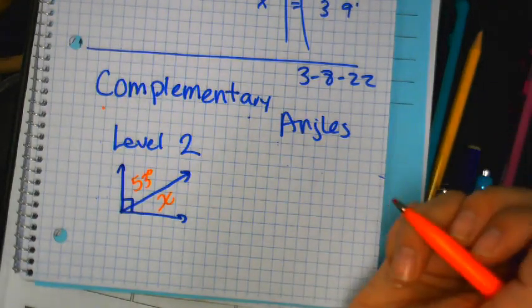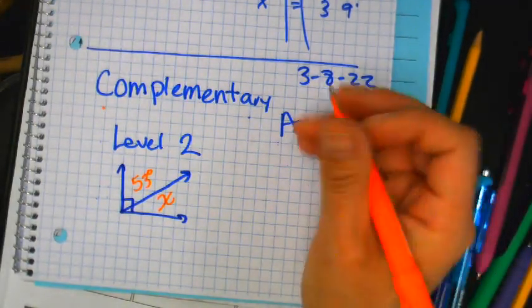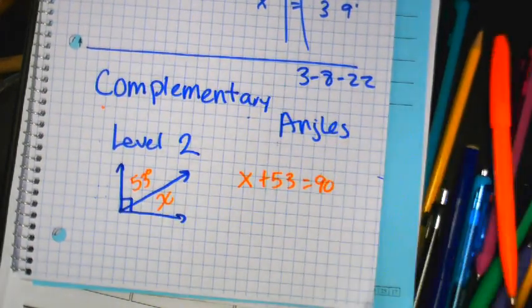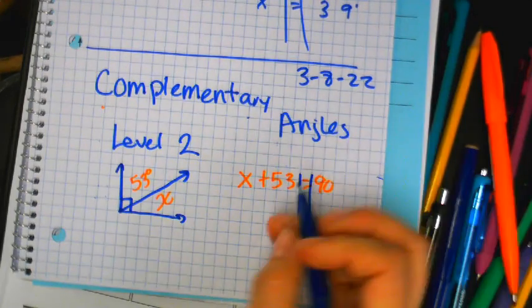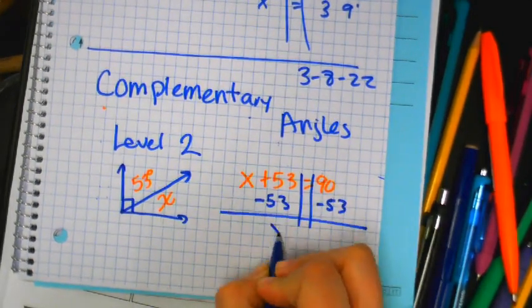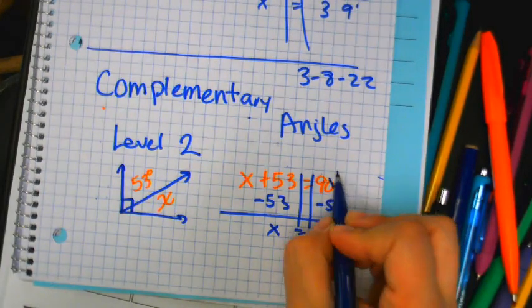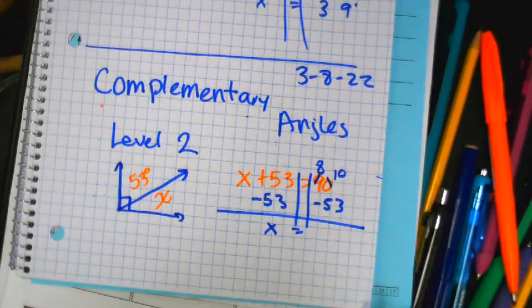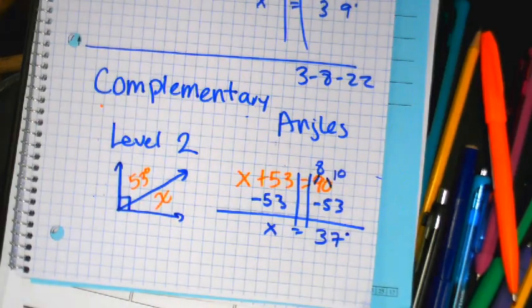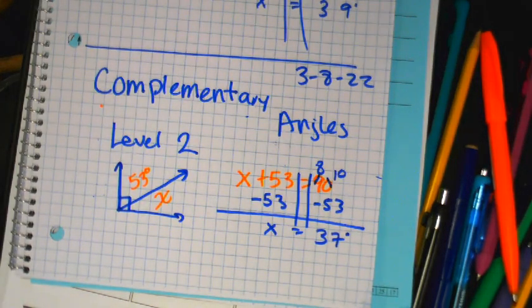We set up an equation. Good. And then we drew our bars, and basically it was just minus 53, x equals 37, right? That was level 1 from yesterday. Super basic, super easy, right?